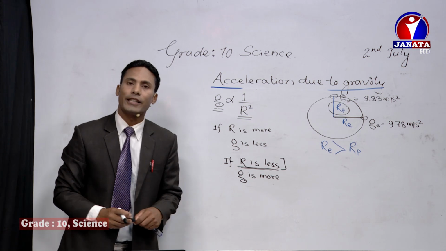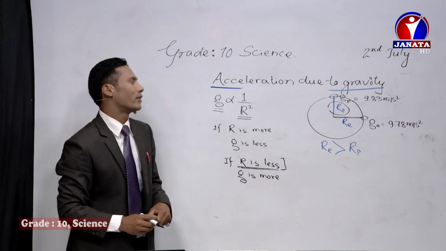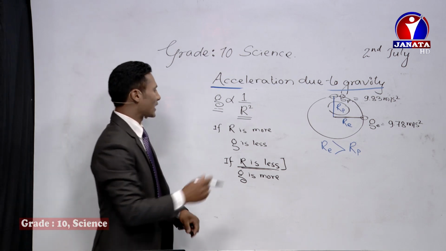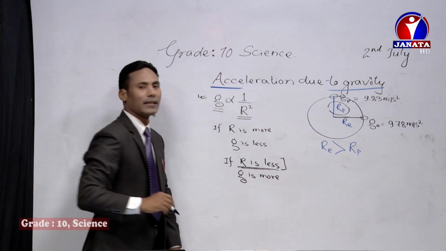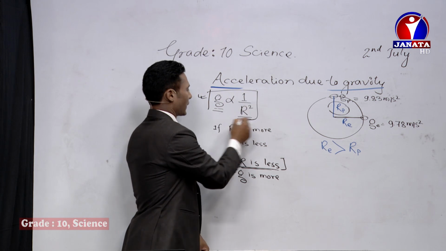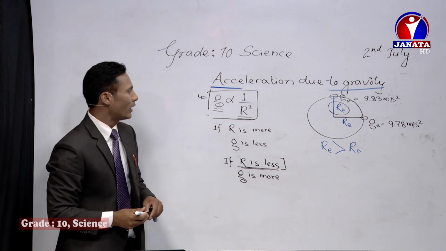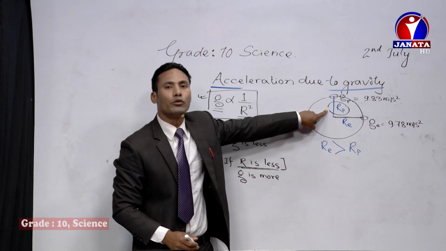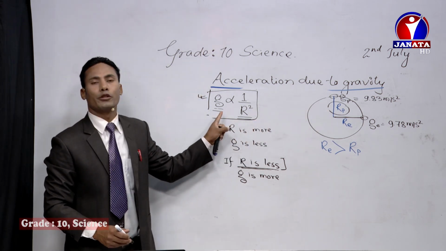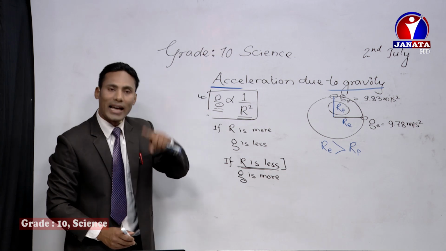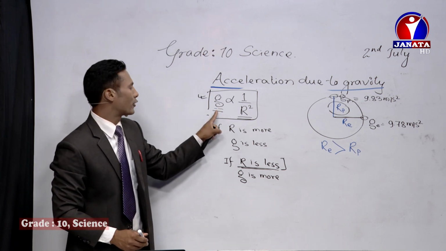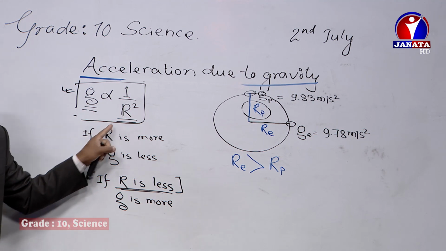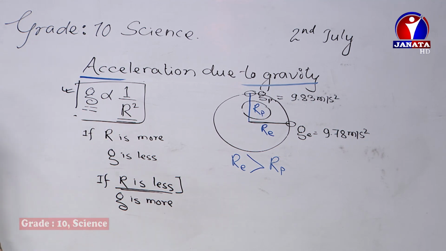If the question is asked, why the value of acceleration due to gravity at the polar region is more, you can explain it in terms of this statement. Clear? You can explain that the radius of the polar region is less, due to which the acceleration due to gravity is more, as the value of acceleration due to gravity is inversely proportional to the square of radius. So remember this. Okay.